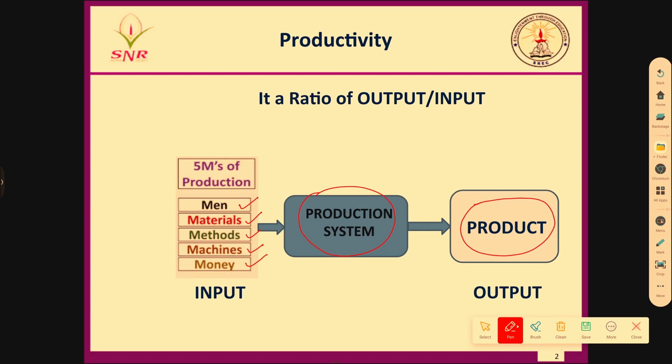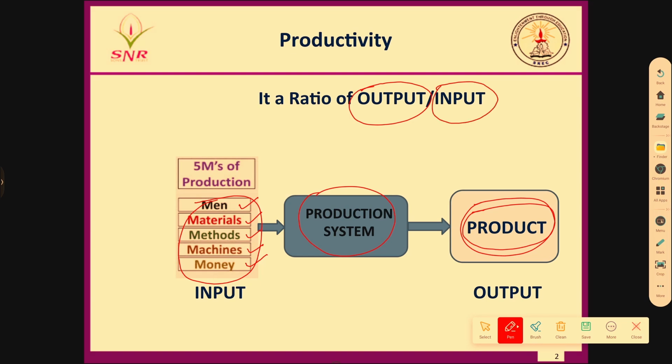So this input and output we need to convert into the same units. That is the money value of product, cumulative money value of product per day of production, can be converted and put here, and the cumulative money value of all the inputs under these 5 categories also can be put into input and get the value.